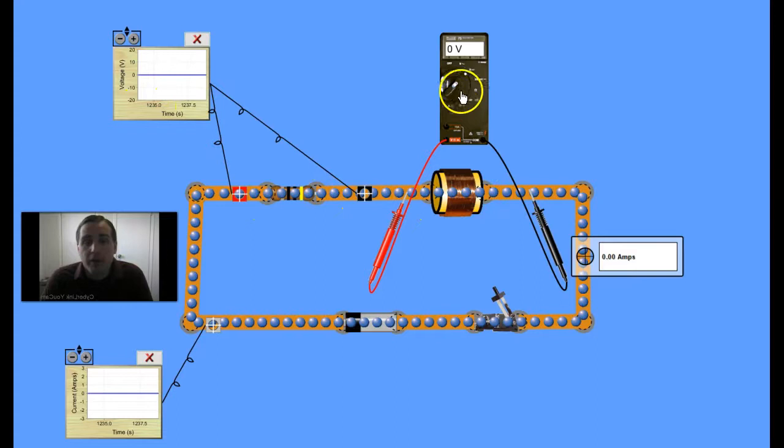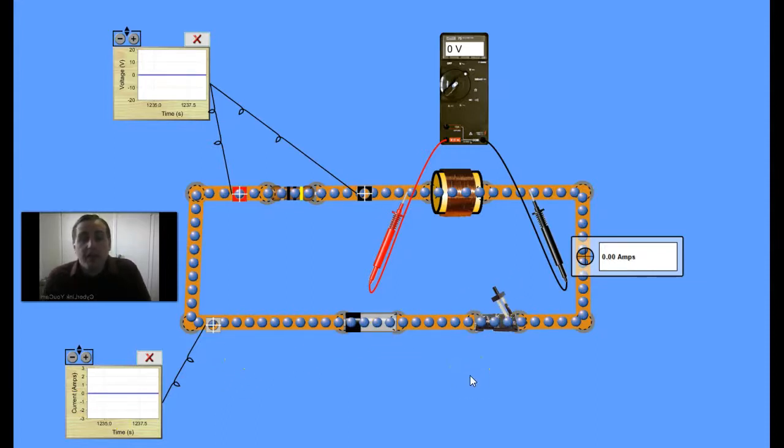We're also going to measure the voltage across this inductor as a function of time with this voltmeter. We're going to keep track of the current in the circuit, which should be constant for all devices because everything is in series. And then we're also going to show you the current in a graph as a function of time. So we're going to plot these things after we close the switch.